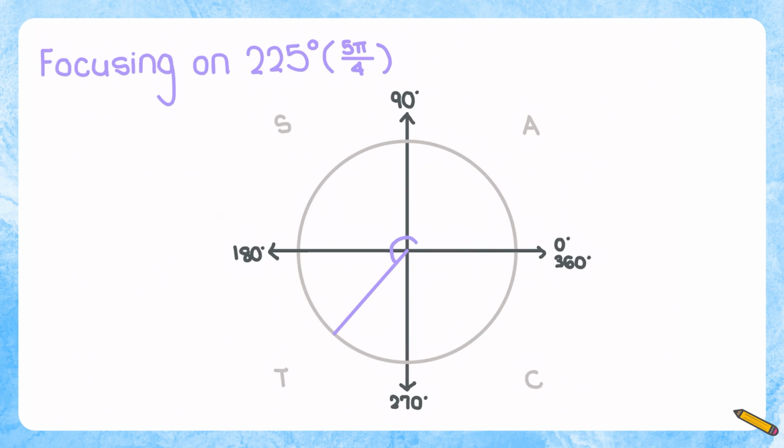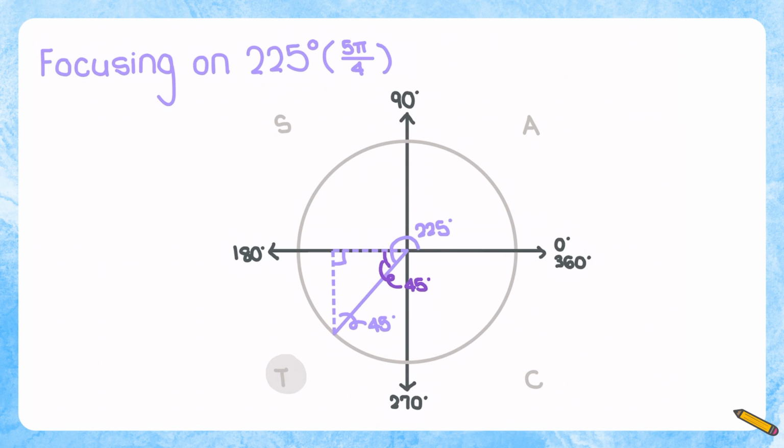So here I have my 225 degree angle, and I'm able to create my reference triangle. And our reference angle here measures 45 degrees, which means I have a 45, 45, 90 triangle. Again, if you have questions about how to find reference angles, let me know.